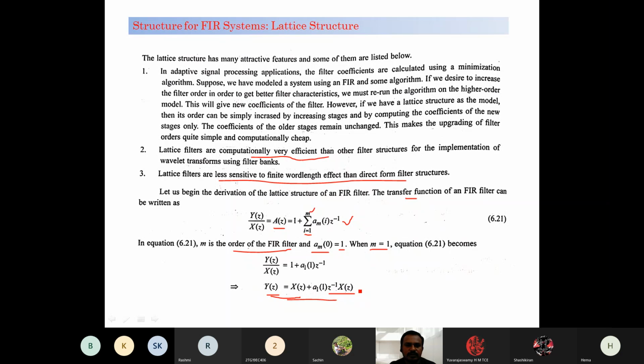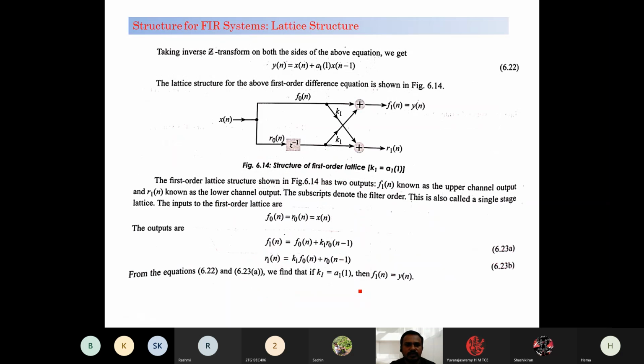If you want to take the inverse Z transform for designing the circuit, taking the inverse Z transform, we get Y(z) as y(n), and X(z) as x(n), plus the coefficient remains as it is, a_1(1), and the inverse Z transform of X(z) times z inverse is nothing but the previous element, x(n minus 1).